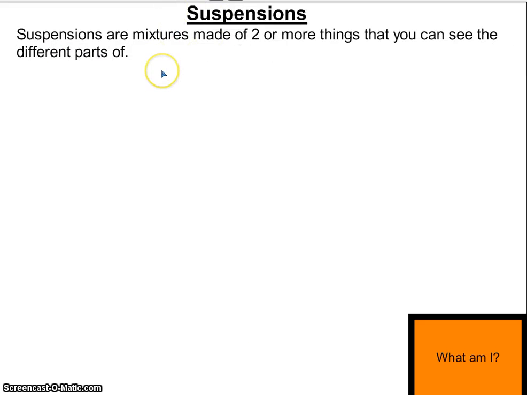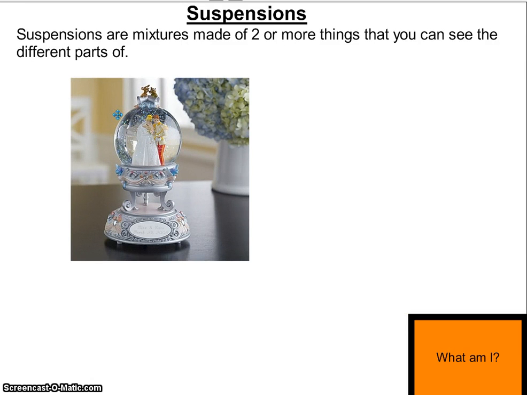The last type of mixture that we're looking at are suspensions. Those are two or more things that are put together to make a mixture, but you can actually see the different parts. These are known as heterogeneous. If I look at this snow globe, I can see the little particles of the snow scattered throughout it, and I can also see the liquid that is in that.